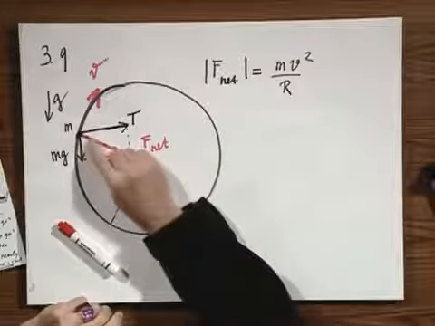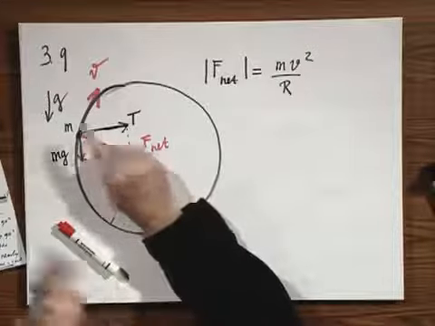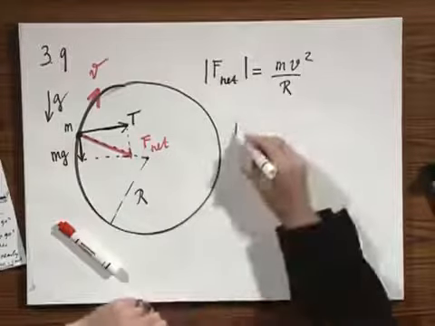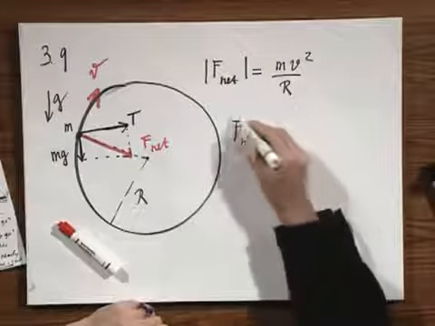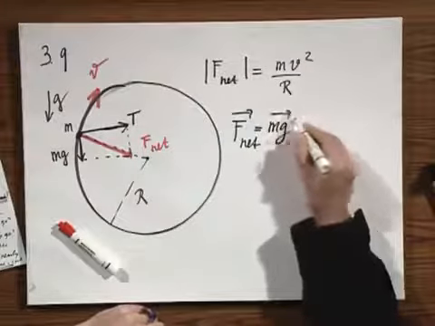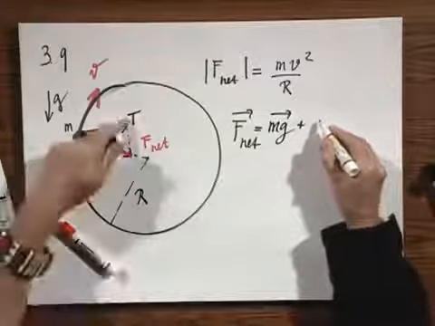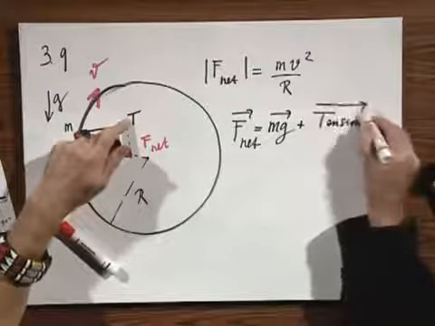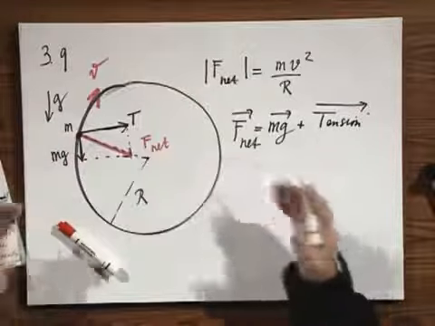It's just an accident that this angle looks about 90 degrees. That's purely accidental. But what I want you to appreciate is that F net must be mg, which is a vector, plus this tension T, and the tension can only come from the string.